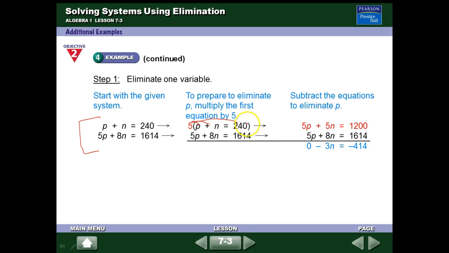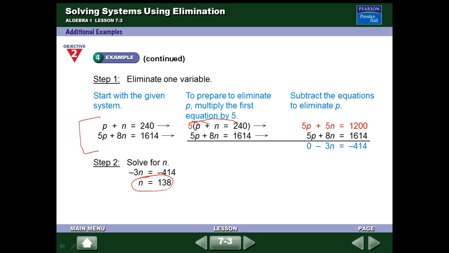Subtract your equations. So 5 times p gave me 5p here in red, 5 times n gave me 5n, and 5 times 240 gave me 1,200. So it looks like we are subtracting. 5 minus 5 gives me 0, 5 minus 8 gives me a negative 3, and bring your n with it. And then 1,200 minus 1,614 gives you a negative 414. I can go through and solve for my variable n.